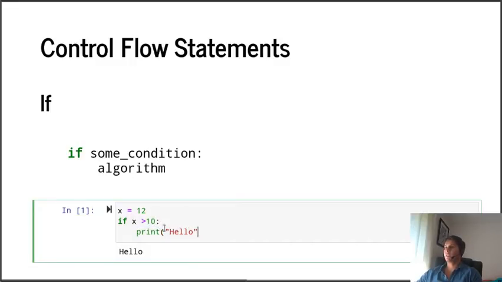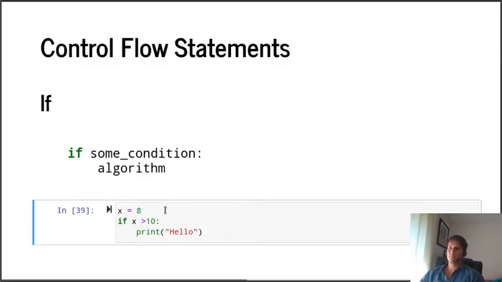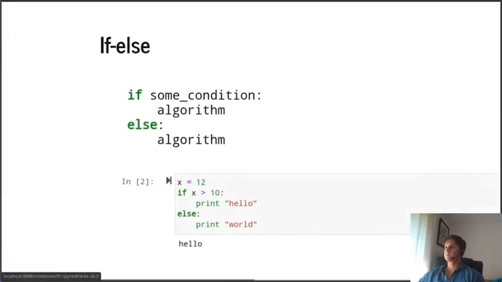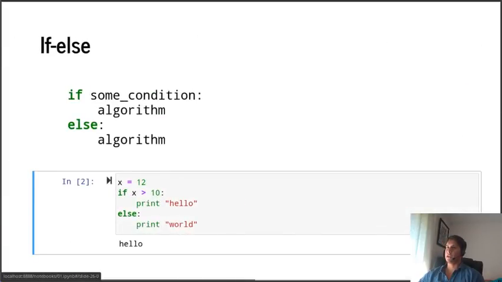So, for example, here, I have x equals to 12. That is obviously greater than 10, and when I execute, it will enter and print hello. If this is 8, it will not enter to the algorithm and will do nothing, basically. When you have another case, when you don't want the statement to be true, the negation, you can put an else statement.